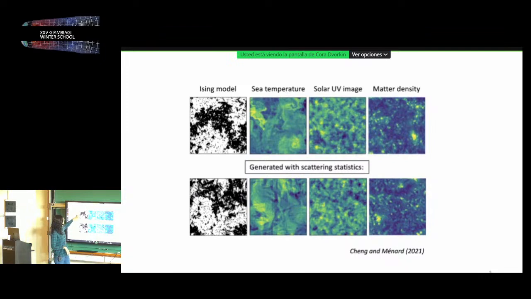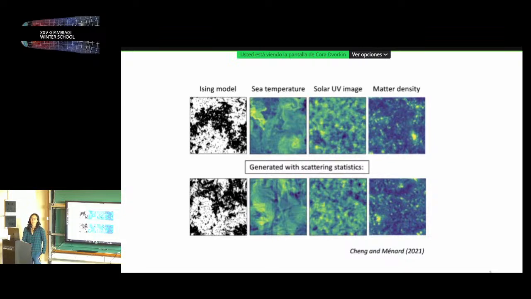So you can see, for example, a simulation of the Ising model and the same thing generated with wavelet scattering transforms, sea temperature, solar UV, matter density, that's in the context of cosmology, and it works pretty well. I mean, sometimes better than others, but the wavelet scattering transform, this technique that I will tell you about, works pretty well at reproducing non-Gaussian features.